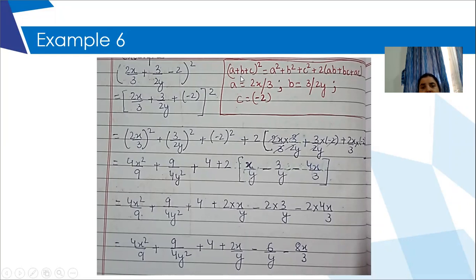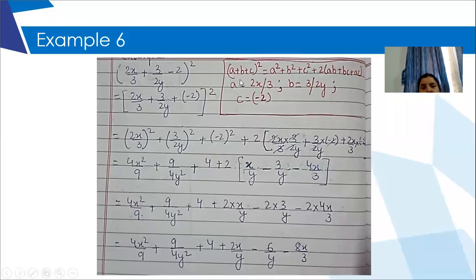Now here, if you see, I have written the identity or the formula in terms of A, B, and C, because my question is using X and Y. So to avoid any kind of confusion, I have used different letters.